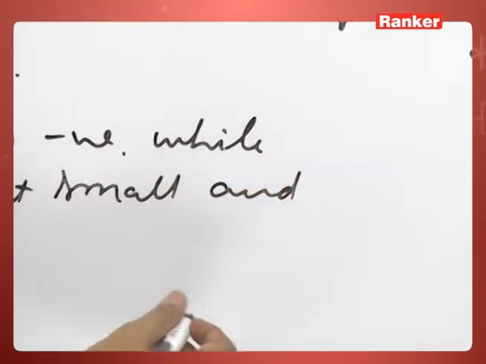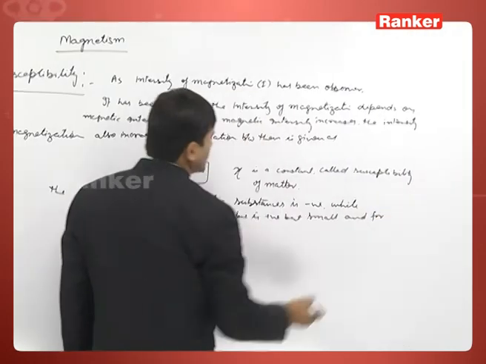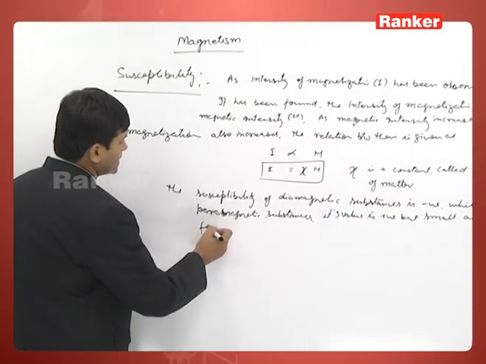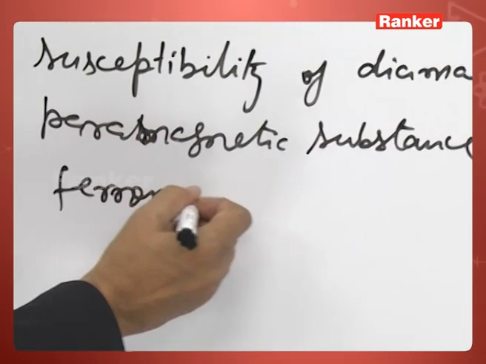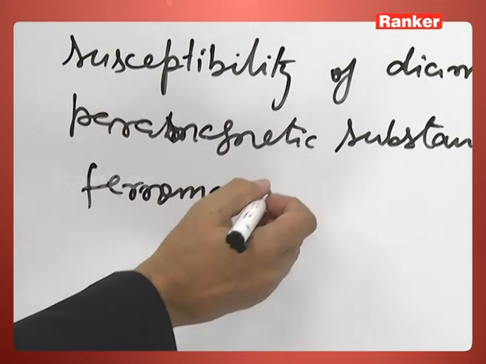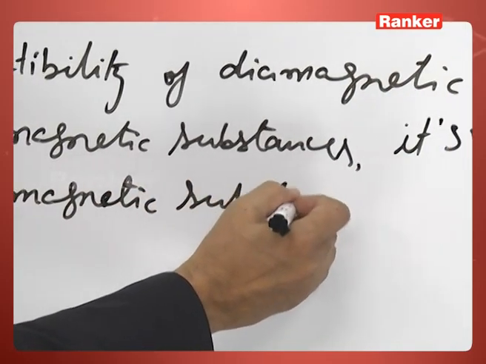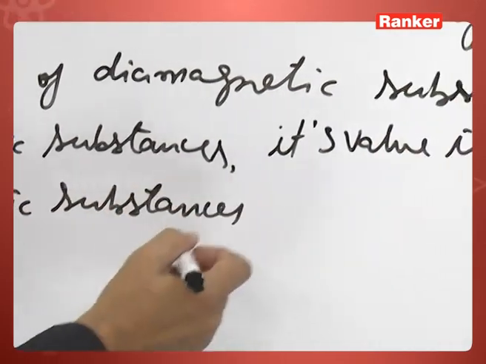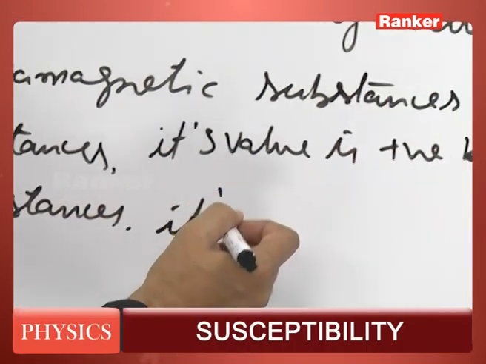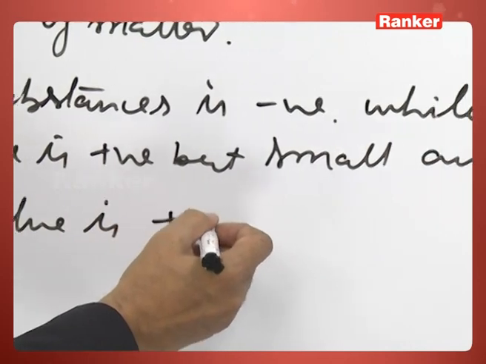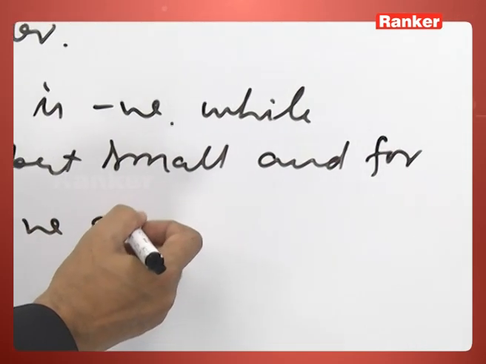And for ferromagnetic substances, its value is positive and large.